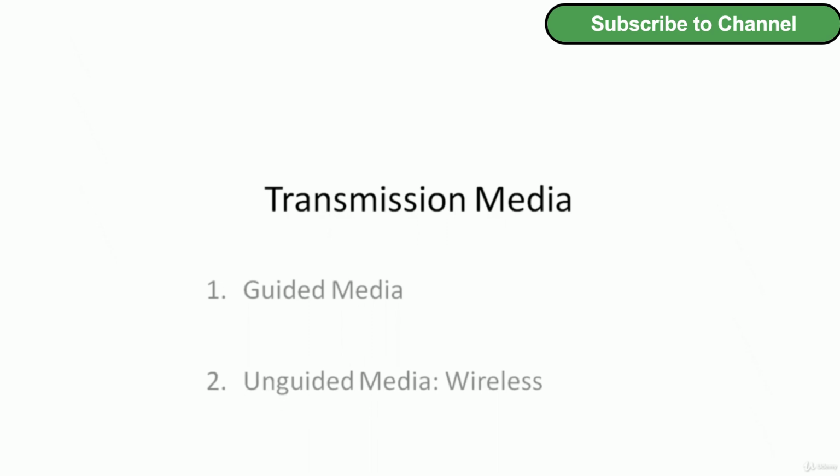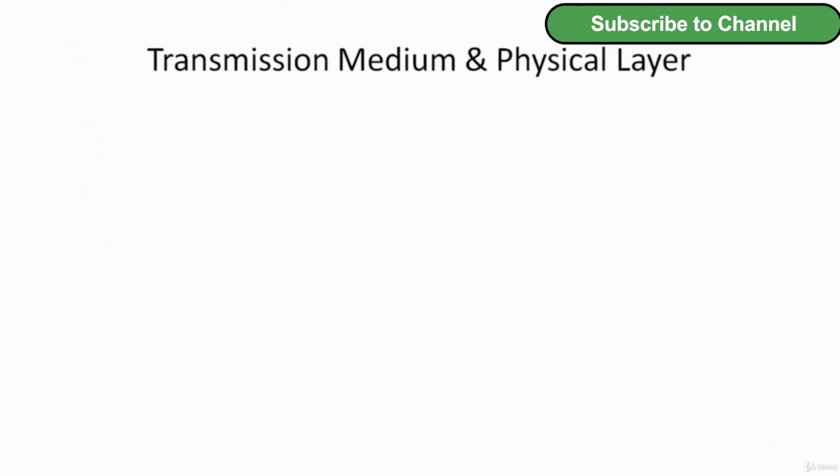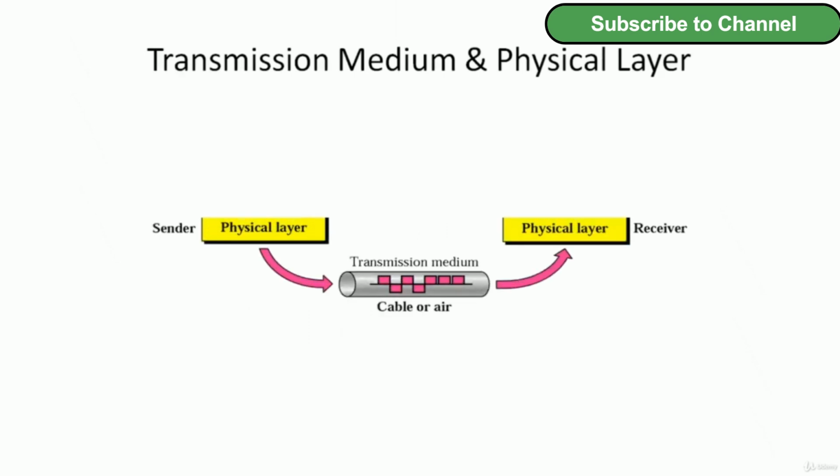Here, the first one is the guided media, or wired media, where the signal is guided, and another one is the unguided media, that is wireless media. So here, transmission medium and physical layer, we will study this. You can see this in this diagram.